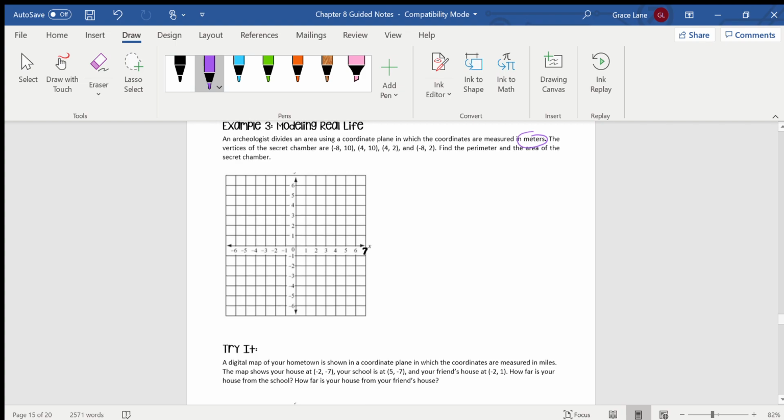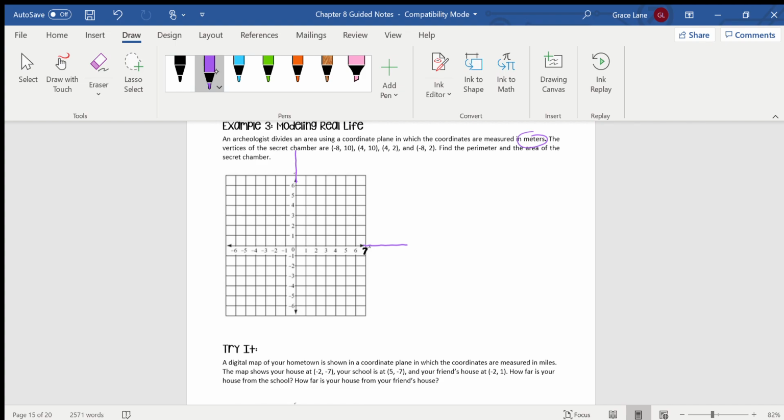I believe that this is going to be a rectangle, but let's go ahead and plot the points quickly. My graph is not big enough. I'm seeing that now. Okay, I'm going to have to make my graph a little bit bigger. Although I think it's only going to go up and down.